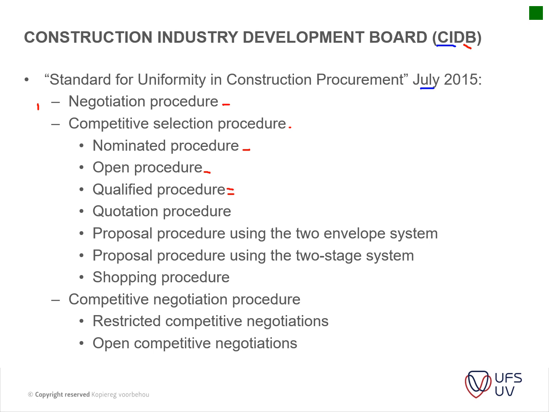Then you've got your quotation procedure, where you usually don't have a design, so you put out an advert and people can do a design and a quotation to install this building.